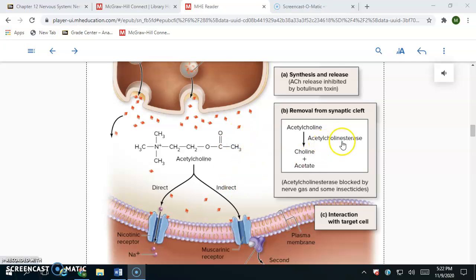It's called acetylcholinesterase. So hopefully that looks familiar to you. That will come in and take acetylcholine and break it into acetic acid and choline, or acetate and choline. And those two molecules will either diffuse away from the synaptic cleft, or choline is a lot of times taken up by the axon terminal, so we can recycle it as well.